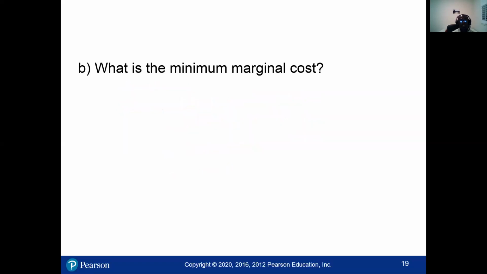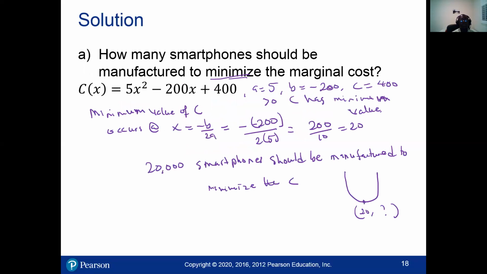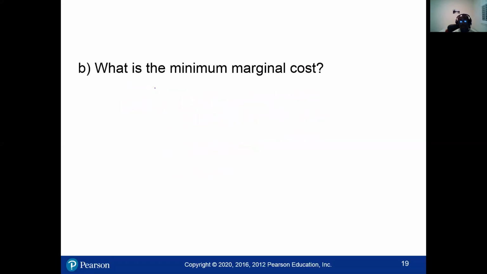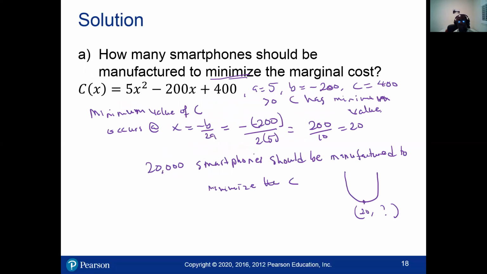Okay, so let's go back and look at the function. We have 5x squared minus 200x plus 400. So why is it getting negative there? We're getting the negative because this is a marginal cost, so it means that we need to minimize that value. The minimum marginal cost occurs when x is equal to 20, because we got 200 divided by 10, and that's 20.